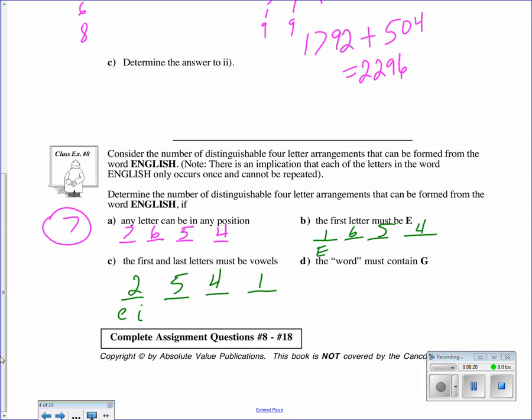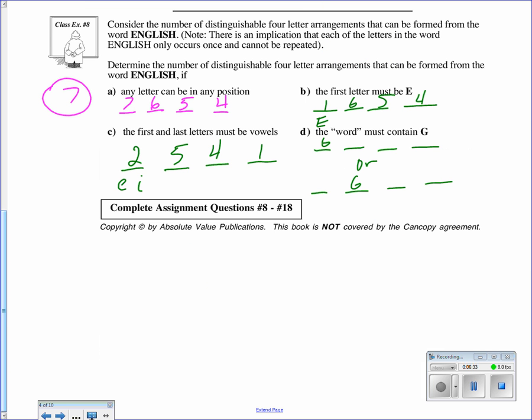If the word must contain G, G could be at the first position, or the second position, or G could be at position number 3, or G could be at position number 4.